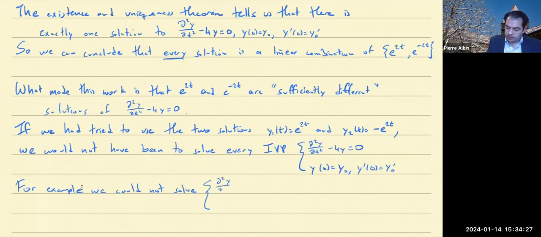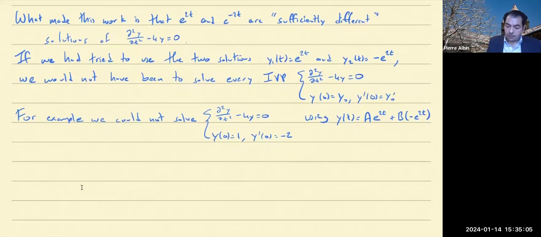let's be very concrete about this. Let's say you want to solve y of 0 equal to 1, y prime of 0 equal to -2, right? If you take an arbitrary linear combination, call it a times e to the 2t plus b times minus e to the 2t, right? That's a linear combination of these two different solutions, but there's no way you can choose A and B to satisfy this initial condition, right?